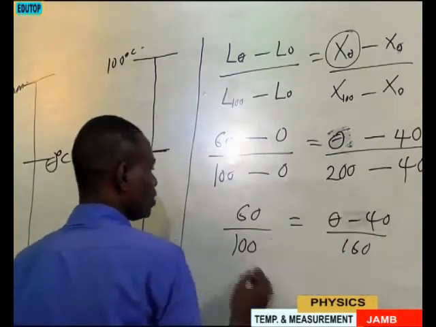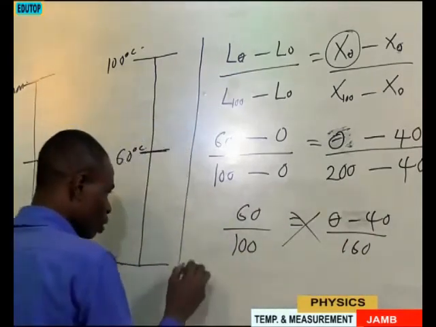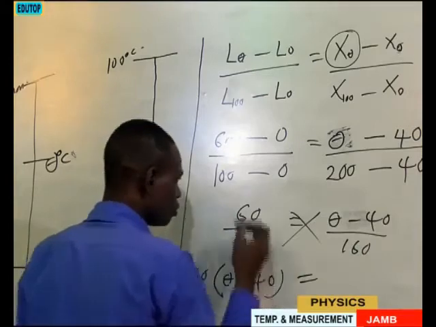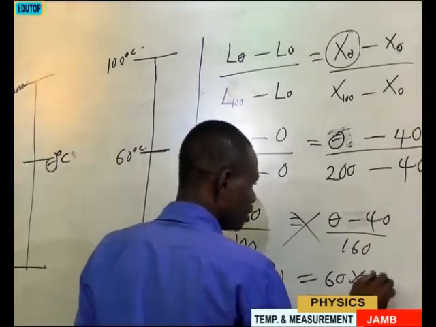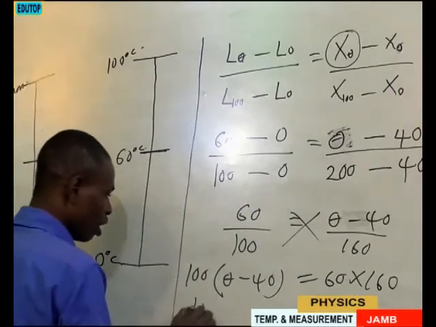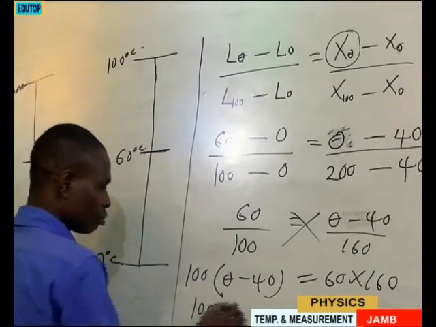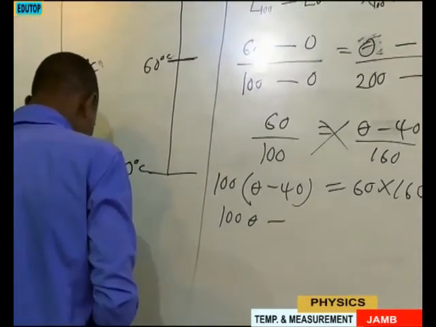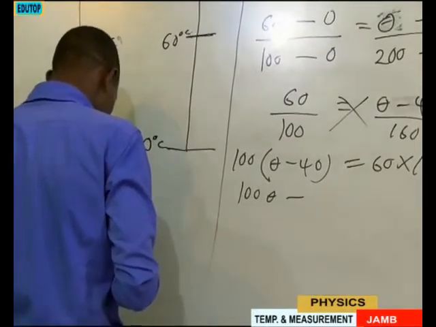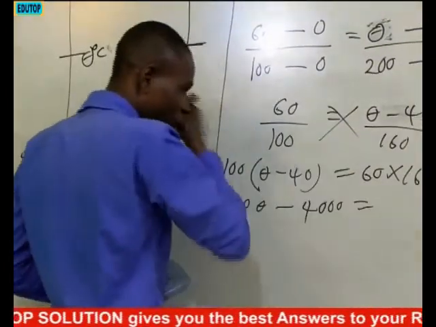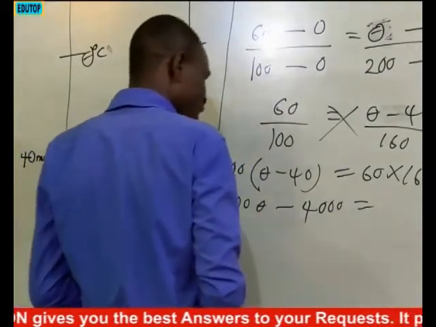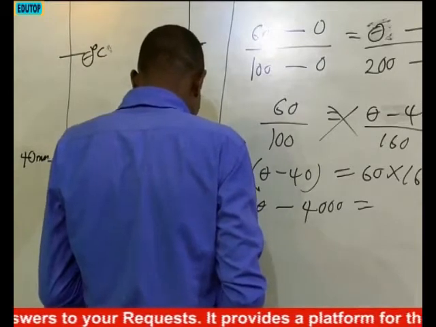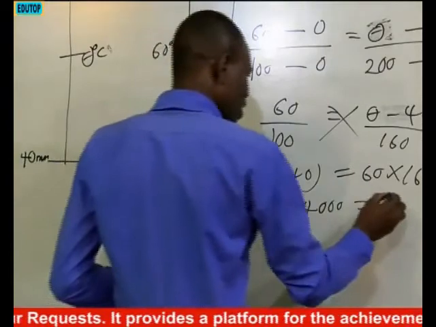This is evaluated. So let's cross multiply. We are going to have 100 into theta minus 40 is equal to 60 times 160. This is 100 theta minus 100 times 40. What will be the value of 100 times 40? We are going to have 4,000. And 60 times 160, we are going to have 9,600.